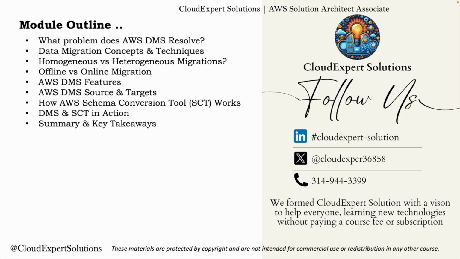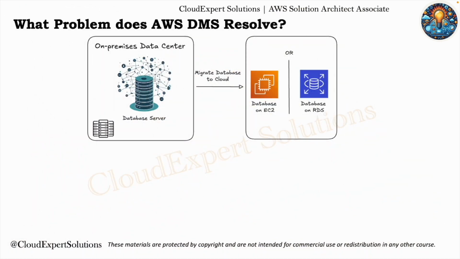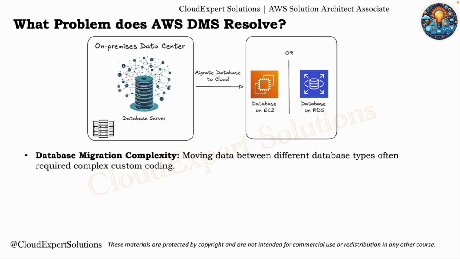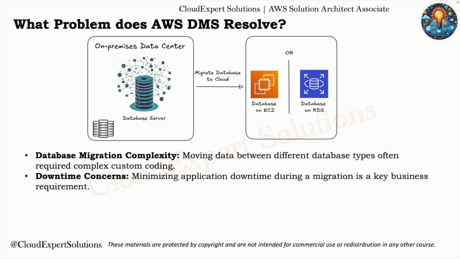Let's jump in. The main problem AWS DMS resolves is the complexity of moving data from on-premises to the cloud. Database migrations used to be a headache, often requiring in-house expertise, custom scripts, and significant application downtime.